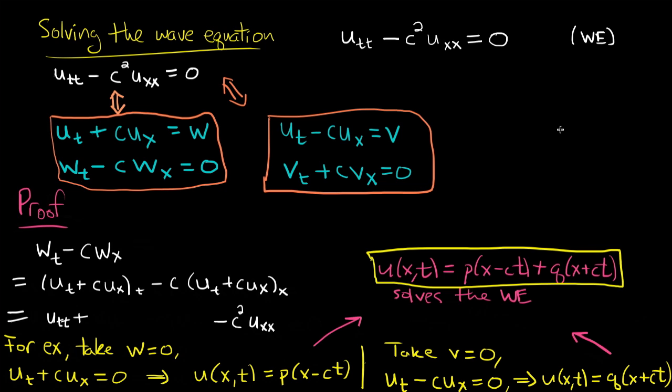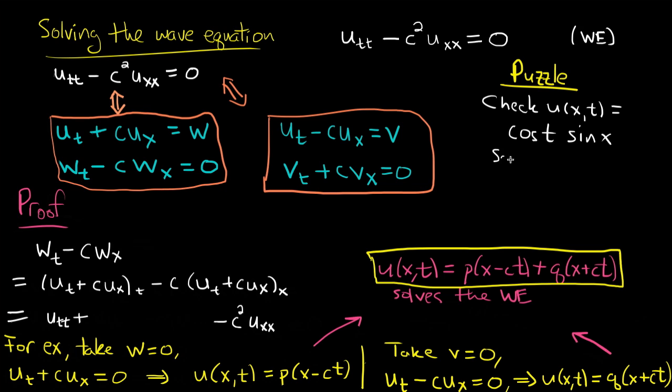But before I do that, let me give you a little puzzle. This puzzle will be just a verification that really this is the case. Now I want you to check that the function u of x, t equals cosine of t times sine of x solves the wave equation utt equals uxx, so in other words, with c equals 1.